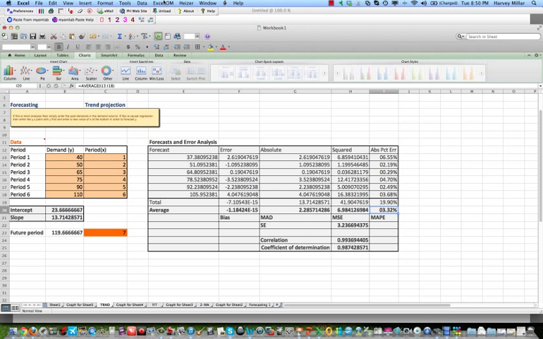Like I said, we could do the manual computation via Excel, but with XLOM, our life is a whole lot easier. And so I hope you understand and appreciate how to use XLOM for forecasting.